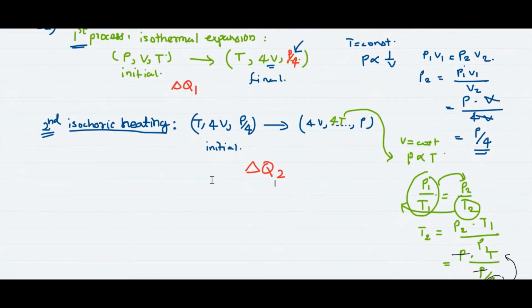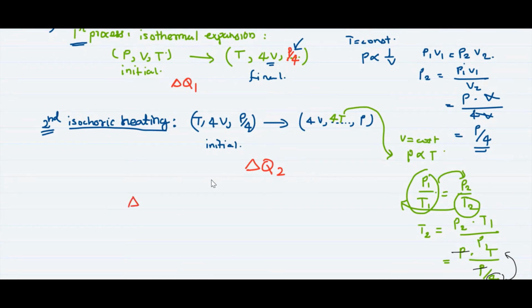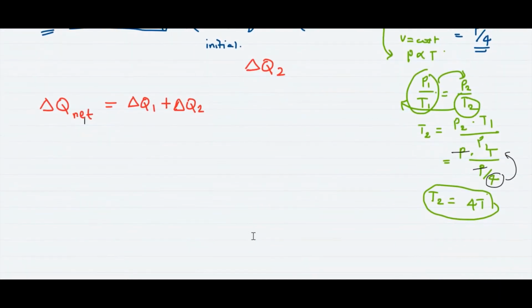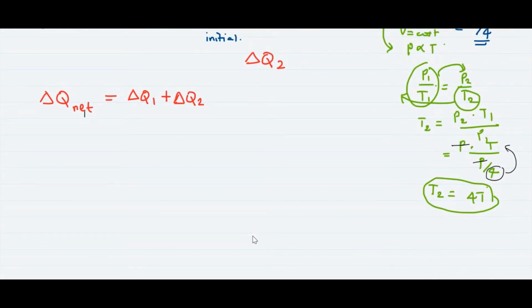The question is to find delta Q1 plus delta Q2, that is the net heat transfer. So first we find delta Q1 and then we find delta Q2, then we add them up. That is the task. So first we find delta Q1. This is an isothermal process.